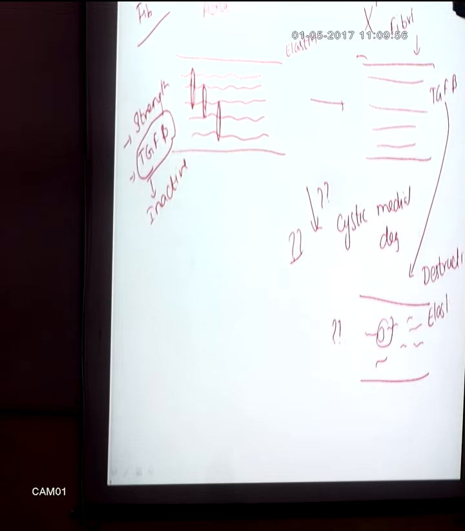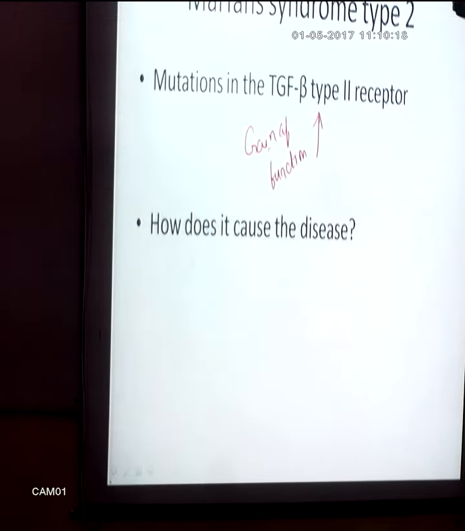Isn't it great? Come on, the amusement is not stopped here. It'll go to the next level. Okay, so now what is the cause of the destruction of elastic fibers? It is TGF beta destroying. So now comes the second one, Marfan syndrome type 2, which I said is a gain of function mutation of the TGF beta receptor.